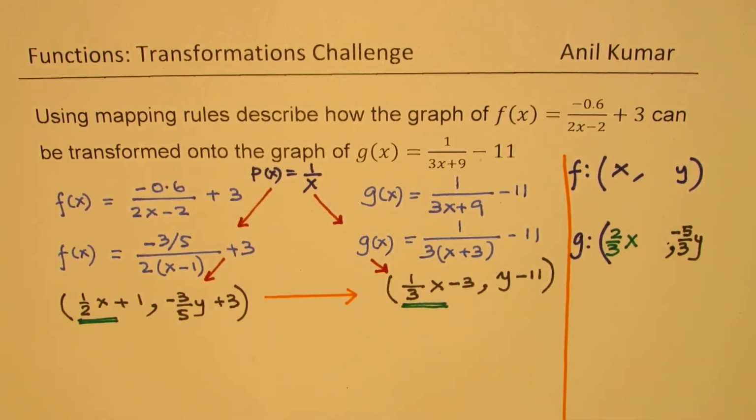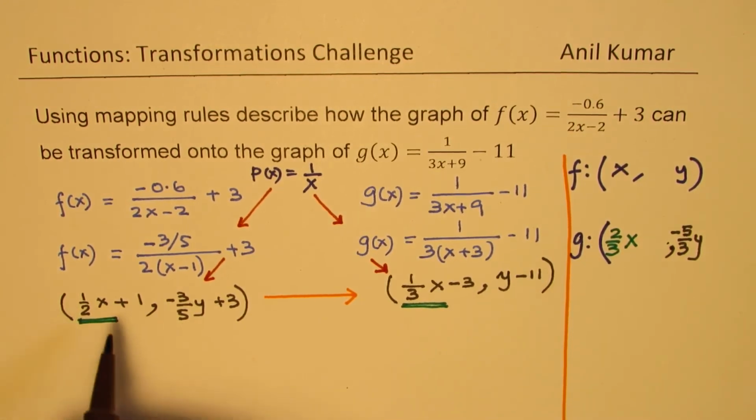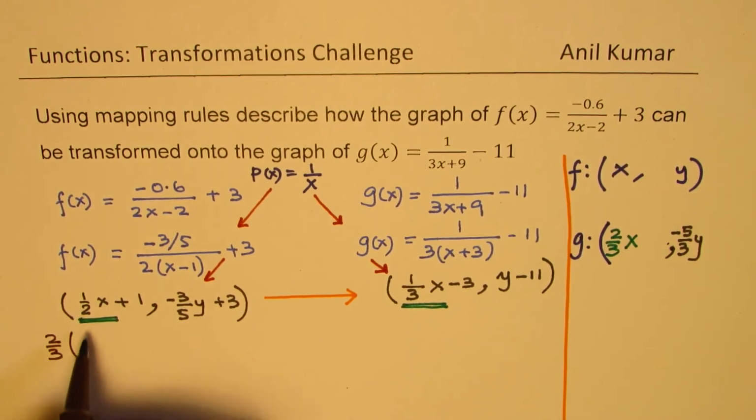Now, let's talk about translations, horizontal translation first. We have already multiplied this by 2 over 3, correct? So what I'm trying to say here is that we have 2 over 3 times half of x plus 1.